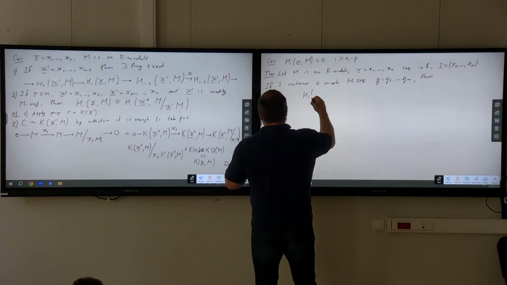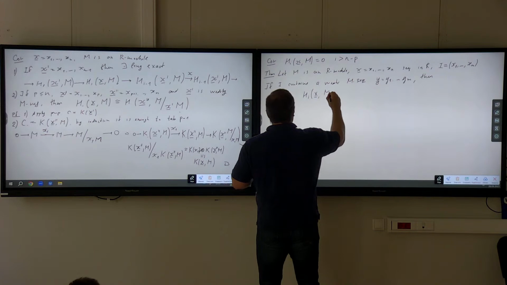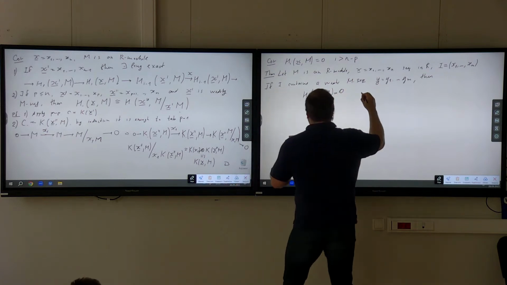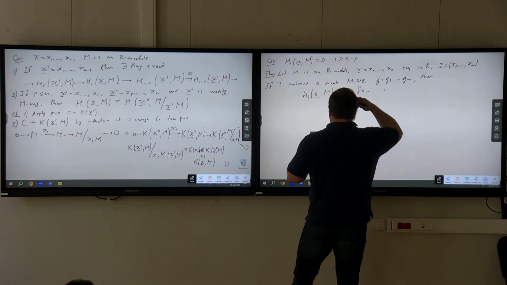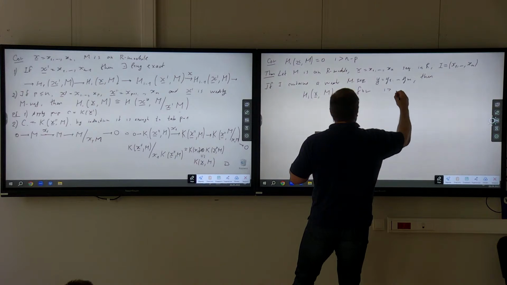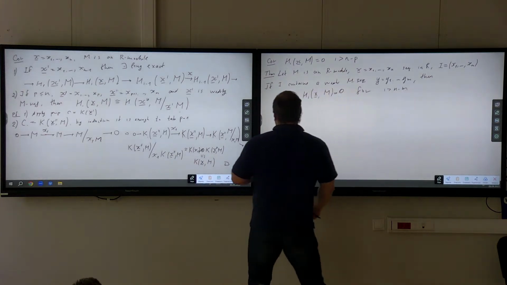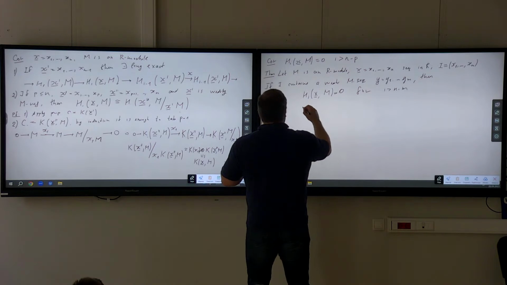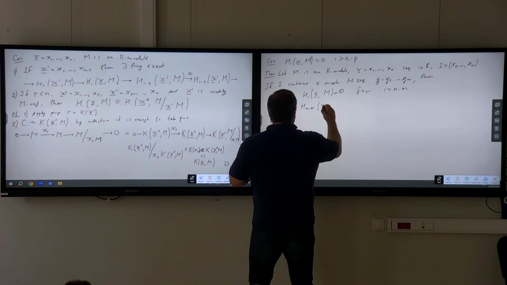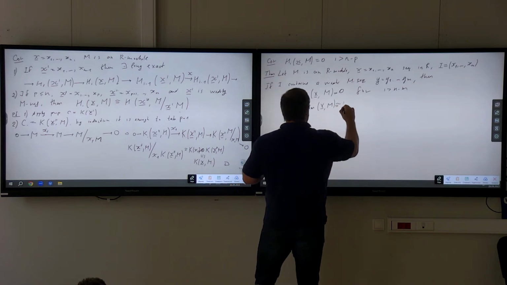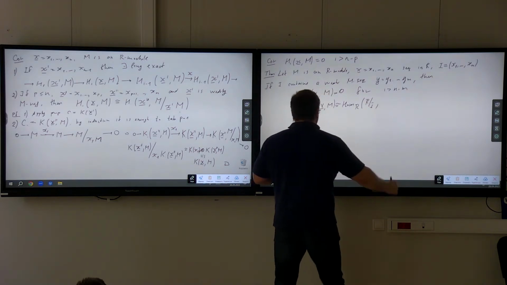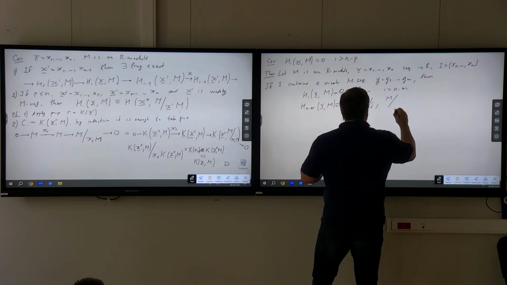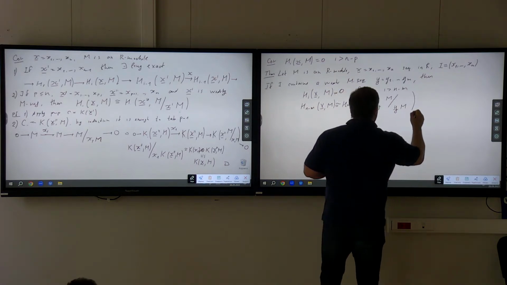H_i for the sequence x and the module M is 0. And this is for all indices i which are greater than n minus m. And H with the index n minus m is isomorphic to Hom from R modulo I, M quotient by yM.